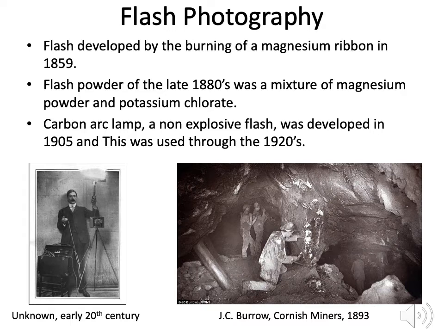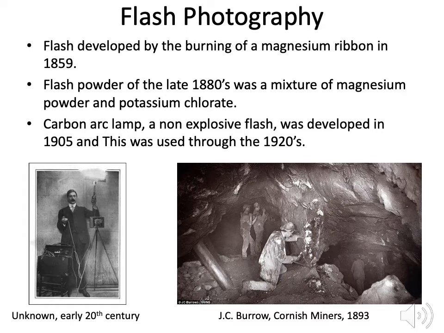Flash powder of the 1880s was a mixture of magnesium powder and potassium chloride. It was on a flash lamp, okay? And eventually they developed a non-explosive flash, which was developed in 1905, which was used up into the 1920s.